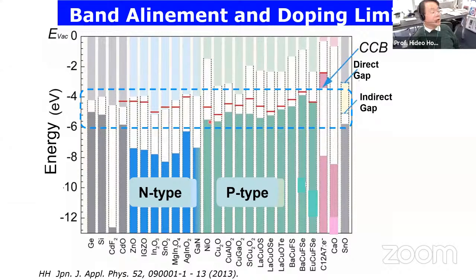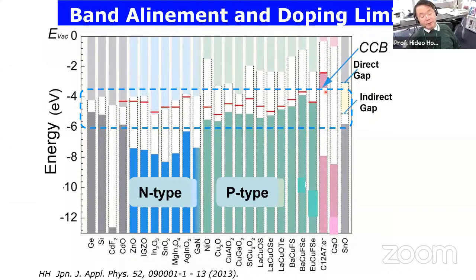Silicon and germanium perfectly meet this requirement. This is what we call the doping window. I showed the calcium aluminate case: simple calcium oxide is impossible to meet this doping window, but calcium aluminate satisfies this region.